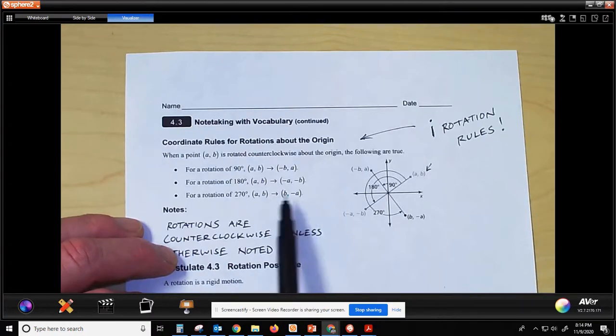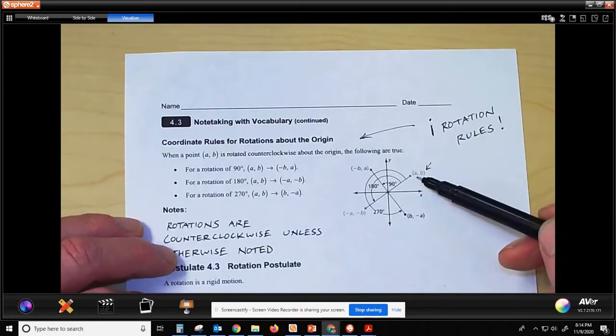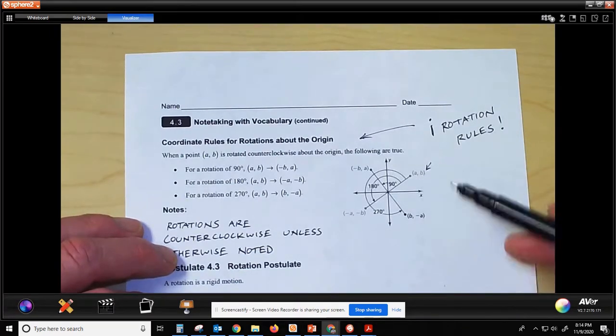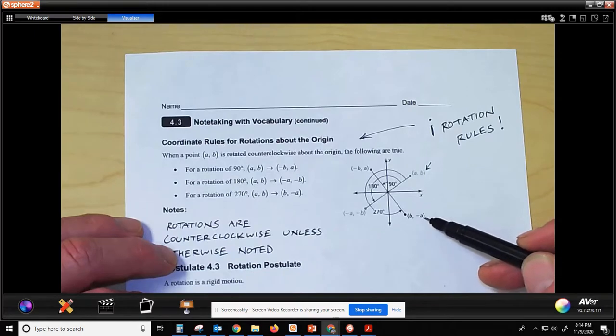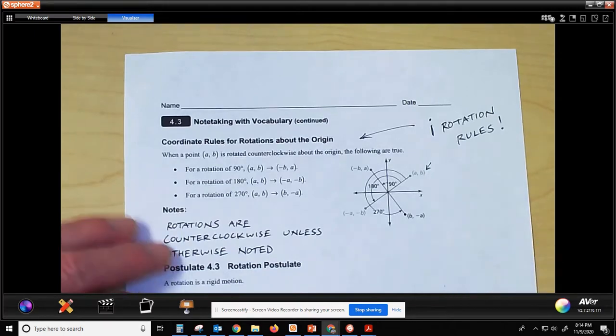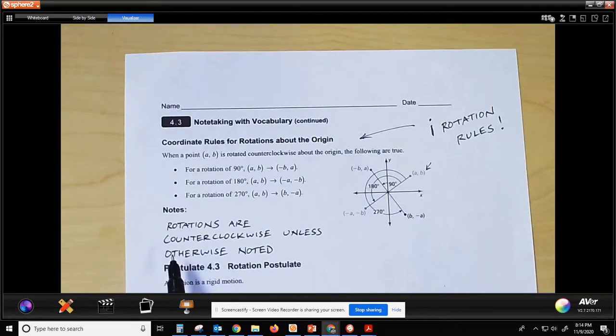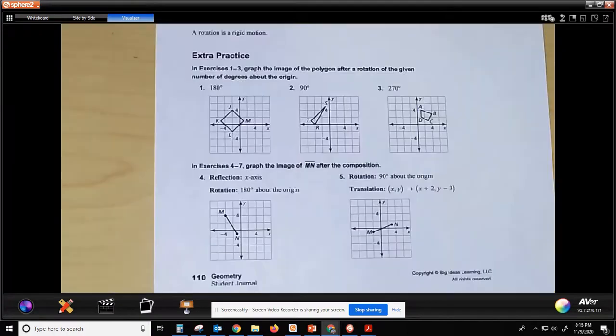So positive A in the X position becomes a negative A, the negative version of that number, or a sign change in the Y position. And so here's that illustrated. (A, B) becomes (B, negative A). This is very helpful. Rotations are counterclockwise unless otherwise noted.